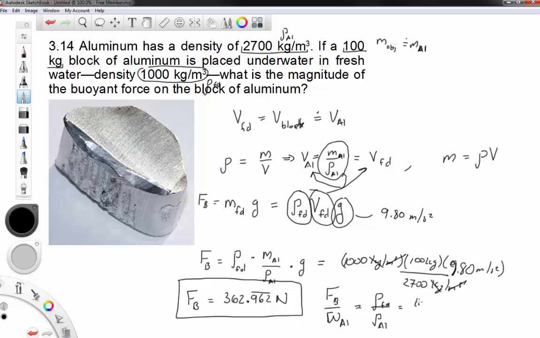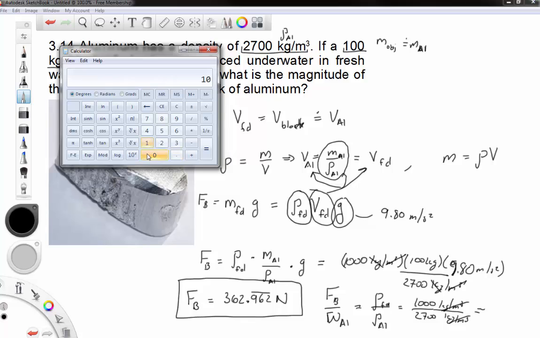Density of the water, which is 1,000, divided by the density of aluminum, 2,700. The units are the same for top and for bottom, so the units will in fact cancel out.